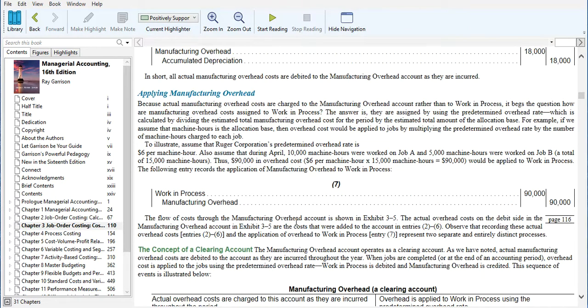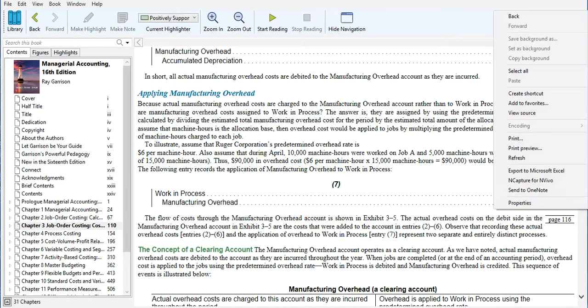When we come up with a total of work in process that we need to assign out, we track the allocation units and multiply by the predetermined rate. In this case, we have 10,000 machine hours for job A and 5,000 for job B. So we take that 15,000 machine hours times the predetermined rate of 6 to wind up with a total cost of 90 that we move out of manufacturing overhead and into work in process.